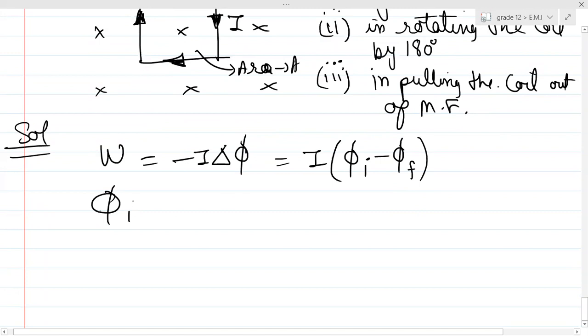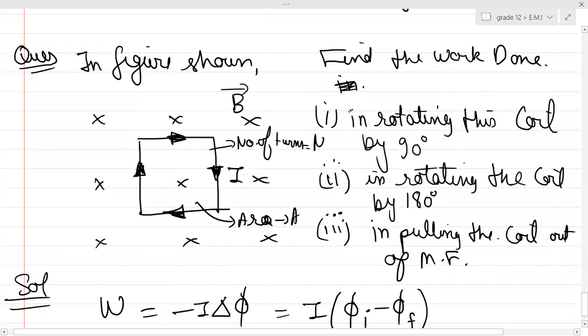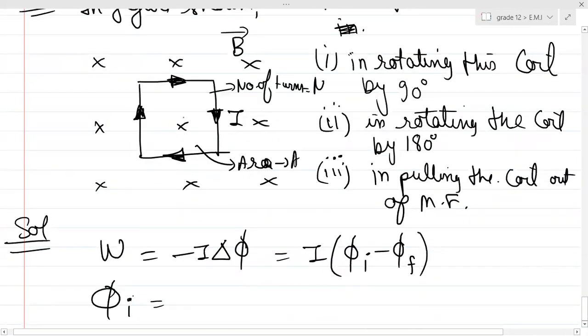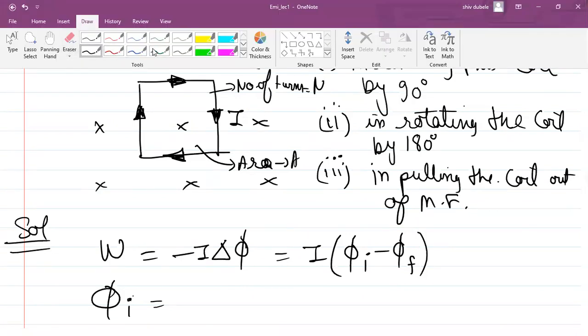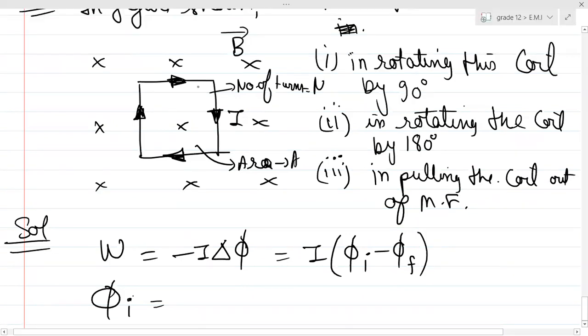So what is the initial flux? Achha, if the current is going clockwise, what is the initial direction of the area vector? Into the plane. So this is the direction of the area vector.